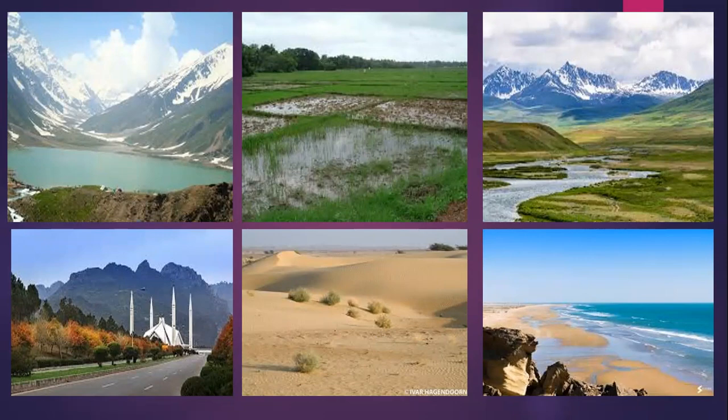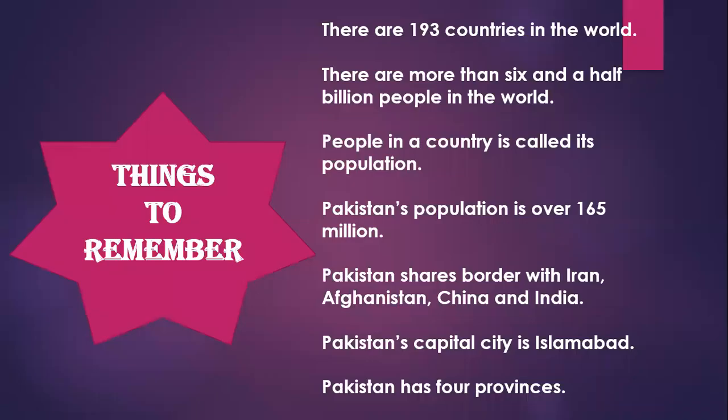Okay children, just try to revise this chapter. Things to remember: there are 193 countries in the world. There are more than 6.5 billion people in the world. People in a country is called its population.